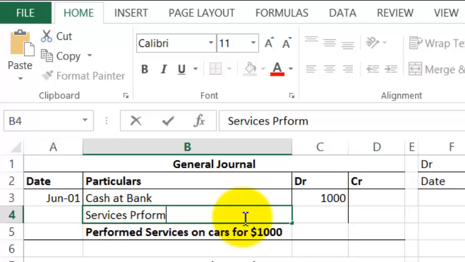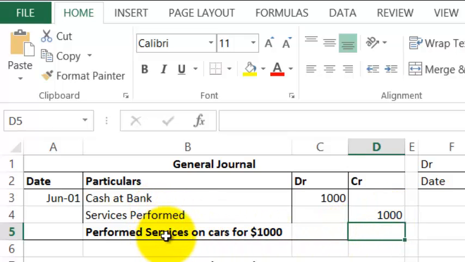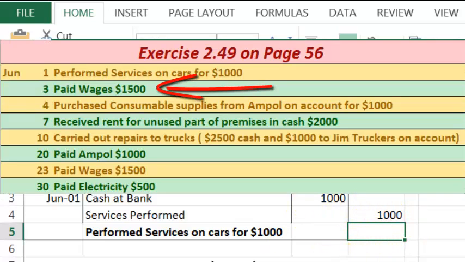It's a revenue account, and that is $1,000. Let's just quickly check. We received some cash as an asset went up, a revenue increased on the credit side. Debit, credit, all okay. Let's look at the next transaction.